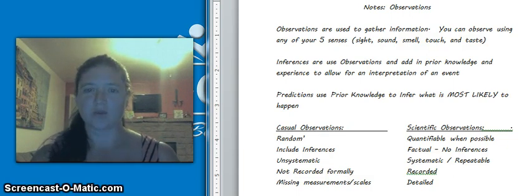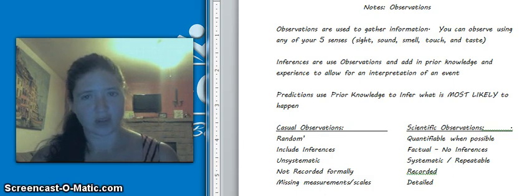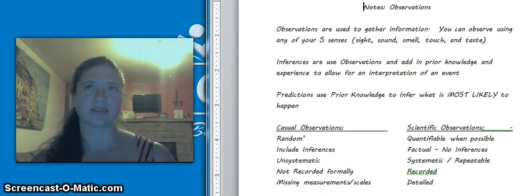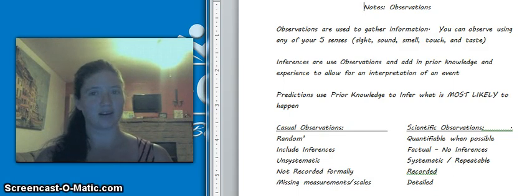An inference would be that it's cold outside. We cannot include that it's cold outside unless we actually went outside and we felt that. In science, you actually have to have the data. With inferences, you have to really be clear if they're inferences or if that was actually observed.